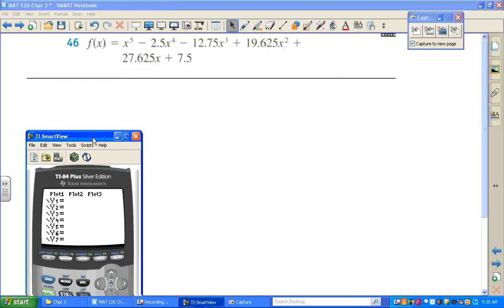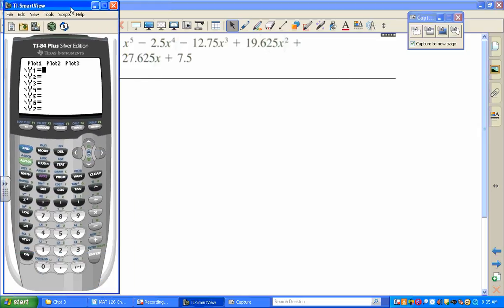Yeah, it says 46. X caret 5 minus 2.5x caret 4 minus 12.75x caret 3. This is identical to the last one, but it's not an odd, it's an even.